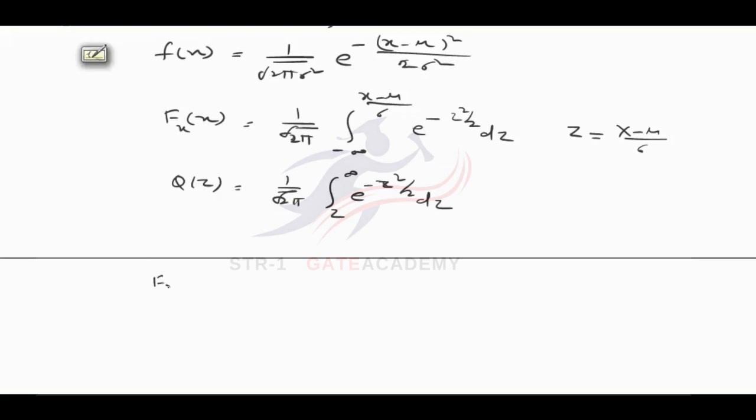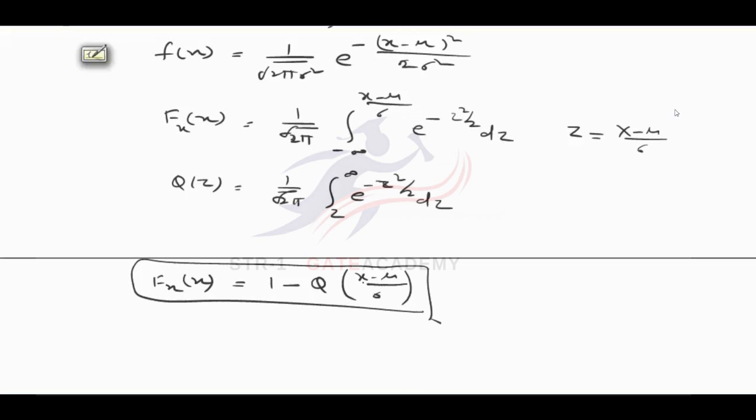The relation between F(x), the CDF of Gaussian, and Q is 1 minus Q of x minus mu upon sigma. And the last relation is between Q(z) and the error function: Q(z) equals half of 1 minus ERF of z upon root 2.